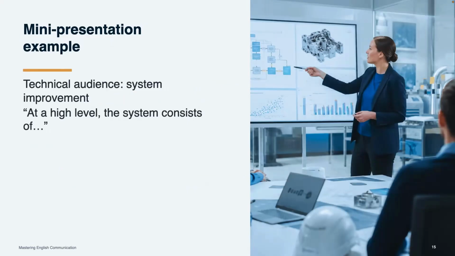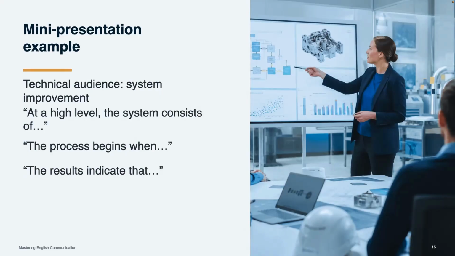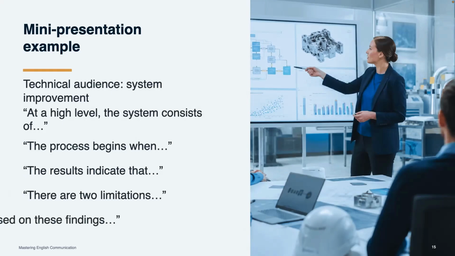The phrases that we will use are: at a high level, the system consists of; the process begins when; the results indicate that; there are two limitations; based on these findings. So now I want you to listen to a sample talk track.